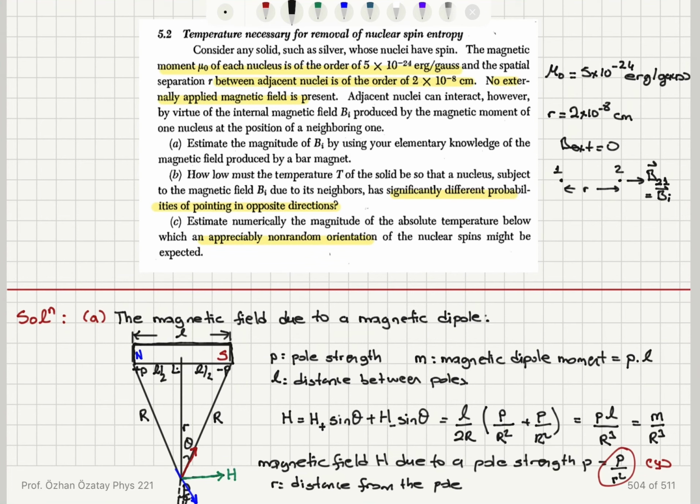So magnetic field due to a magnetic dipole, basically we can calculate the magnetic field due to a single pole as P divided by R squared in CGS units, where R is in centimeters. And if you consider the magnetic field due to the North Pole, which is pointing away from the North Pole, and due to the South Pole, which is pointing towards the South Pole, multiplied by sine theta, gives me the total magnetic field at a distance r from the center.